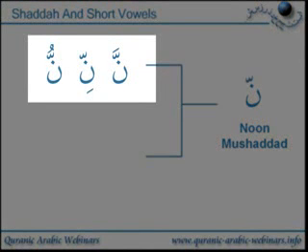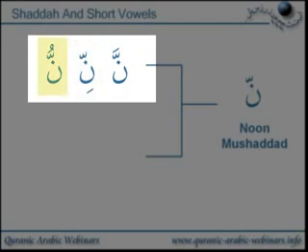Letters with the shaddah will carry the fatha, kasra or dhamma, and this first example is taken from the Majidi script. So we're going to see how these short vowels are written when shaddah is also involved. How you pronounce these will be done later. So we've got the noon with shaddah, and above the shaddah is the fatha. The second example, we have the noon with shaddah, and underneath the letter is a kasra.